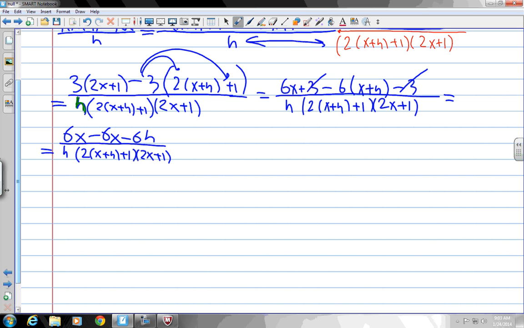So 6x cancels with 6x. So we're down to just negative 6h over all that junk. And now we can cancel that h.